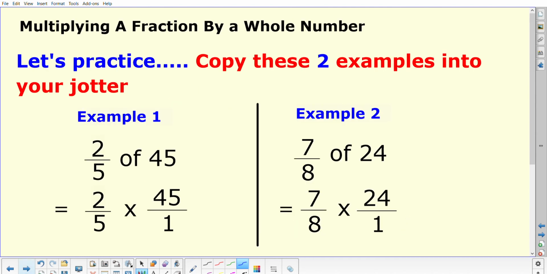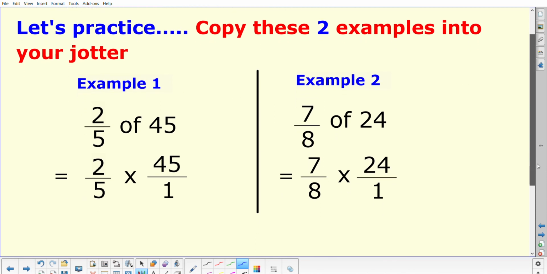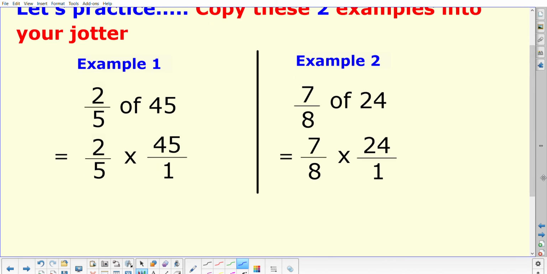So if you're just trying to work out any whole number calculations like this with the word of in it, and again these are two that I would like you to copy out. If you're trying to do 2/5 of 45, you would replace the of with the times sign, replace the 45 with 45 over 1, and then you just do your cancelling.